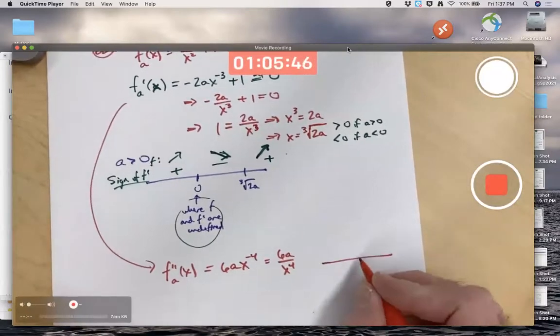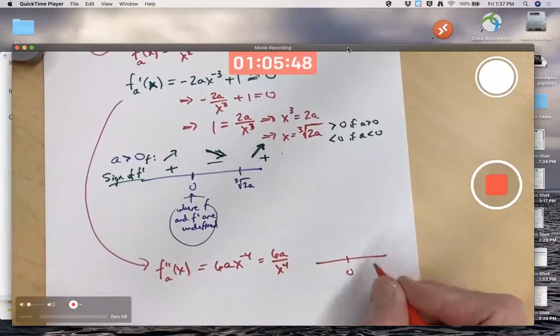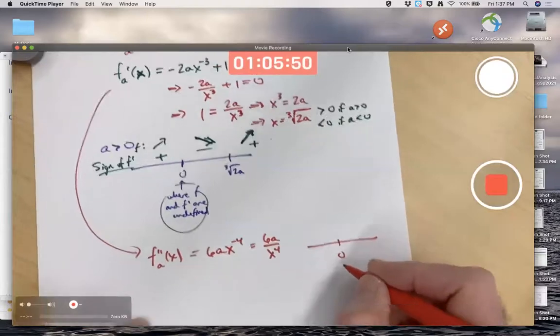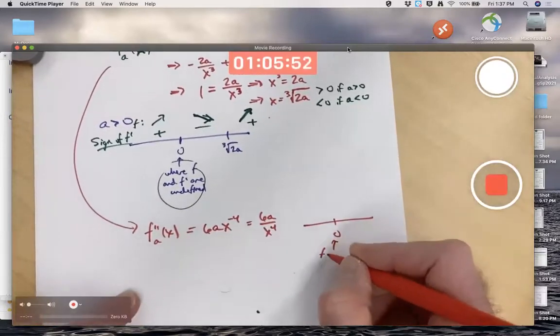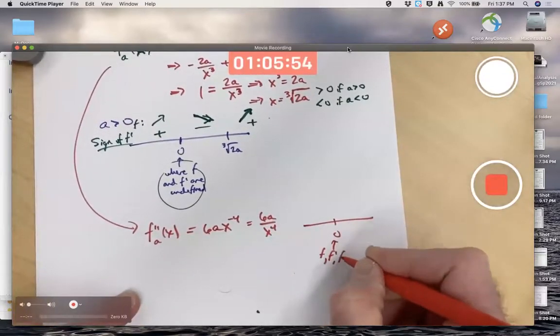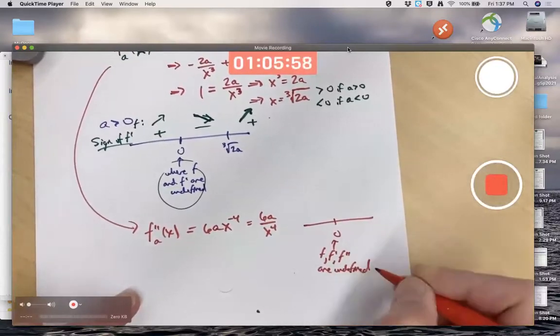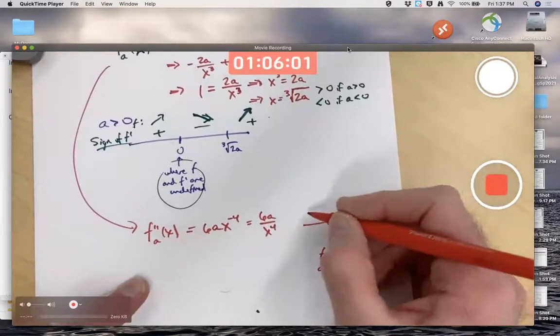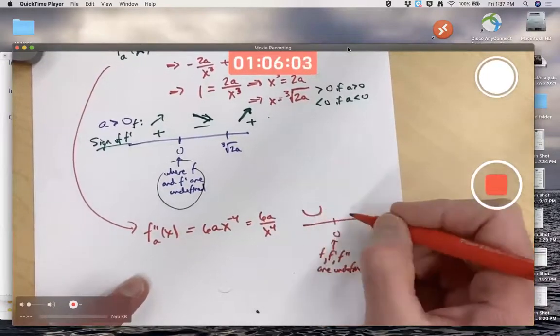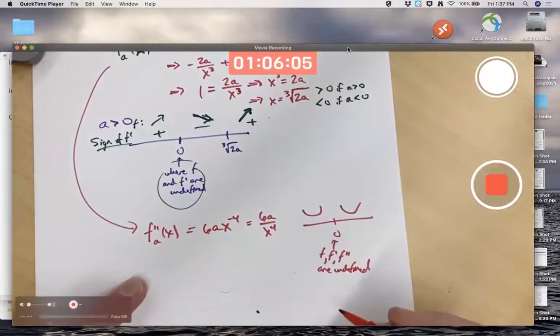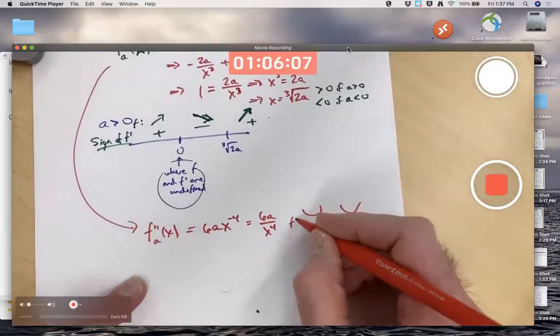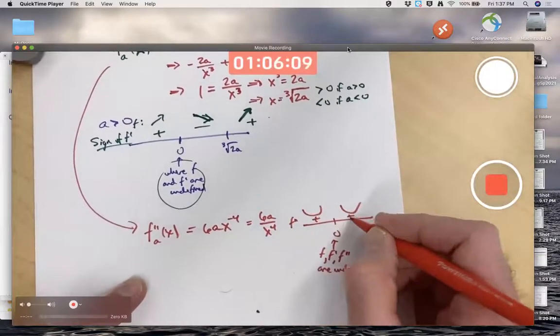So the graph of f, except for the place where it's undefined, f prime and f double prime are undefined at 0. The sign of f double prime is always positive when a is positive, so the graph of f is always concave up. F double prime is positive in both spots.